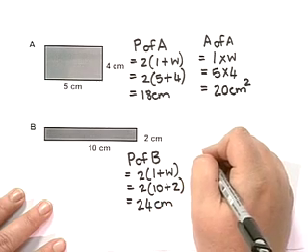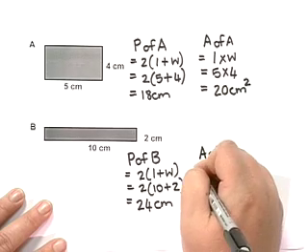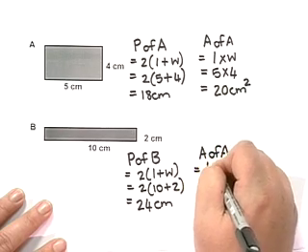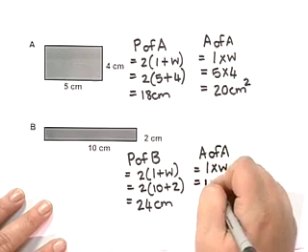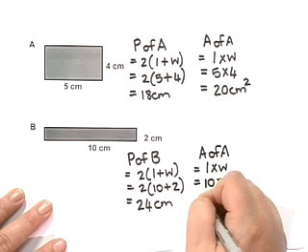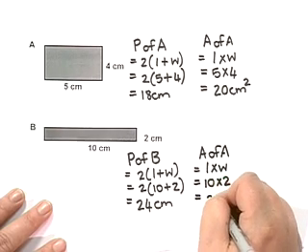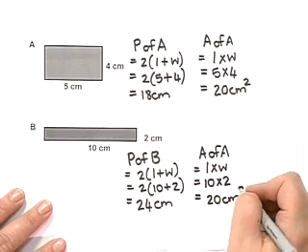Now we need to find the area. So the area of B. And again, our formula, length times width. Our length is 10 centimeters and our width is 2 centimeters. And we find that gives us a total of 20 square centimeters.